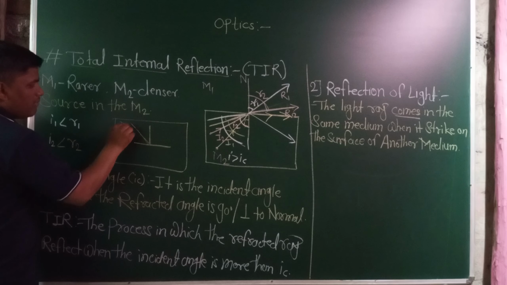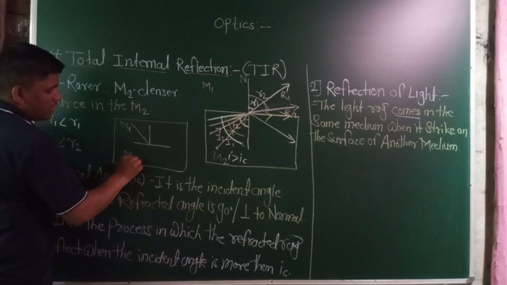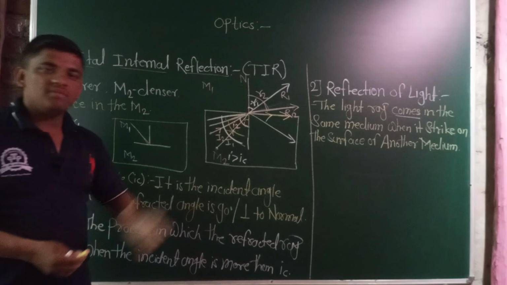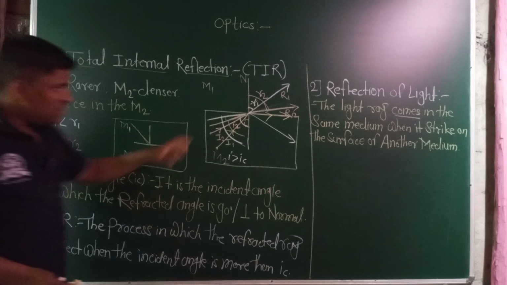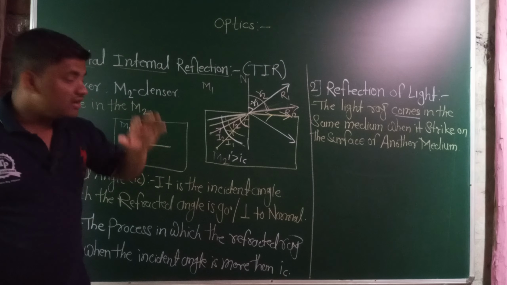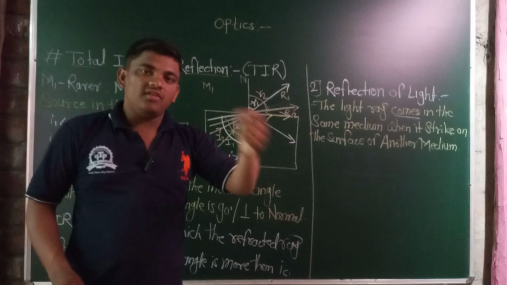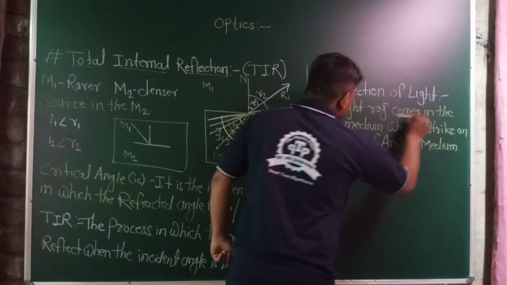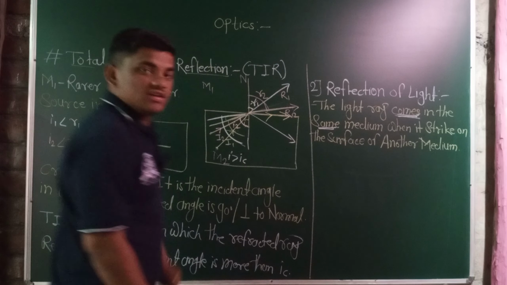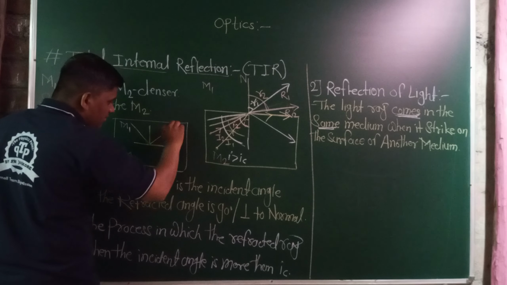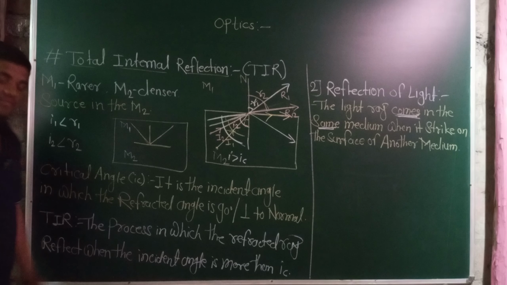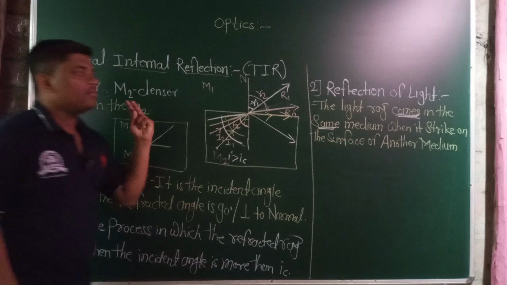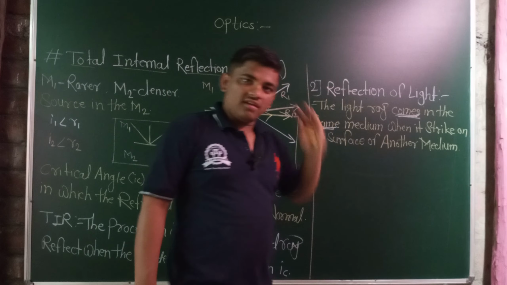Consider the upper medium M1 and the lower medium M2. Let us understand the basic difference between refraction and reflection. In refraction, the light travels from one medium to another medium. In reflection, the light comes back in the same medium of incidence and is reflected like this. It doesn't go into M2, medium 2. This is the basic difference between refraction and reflection.